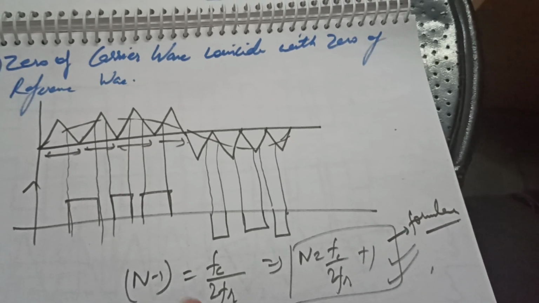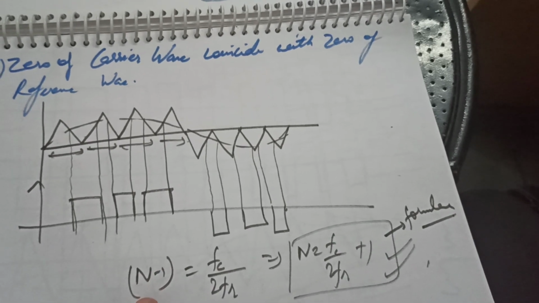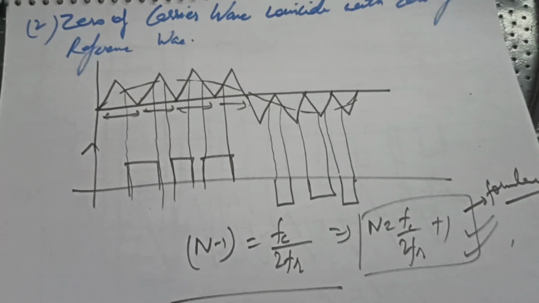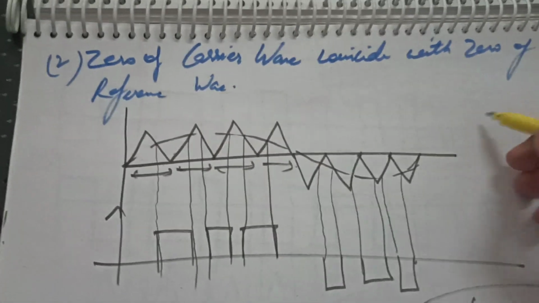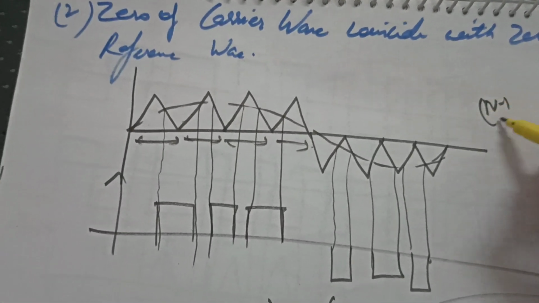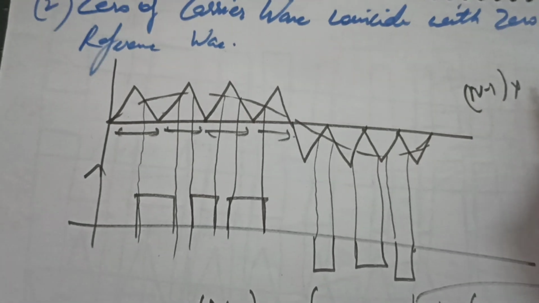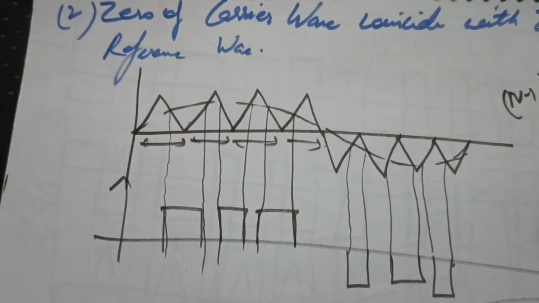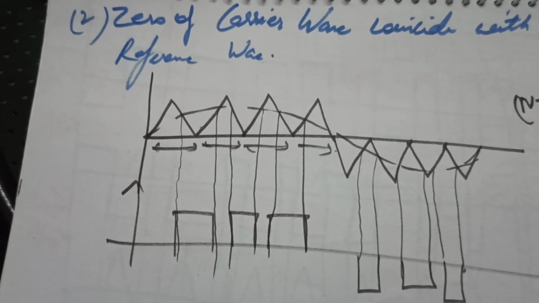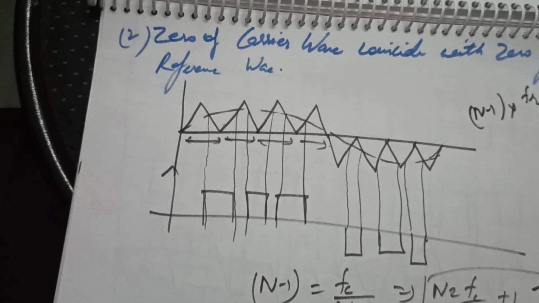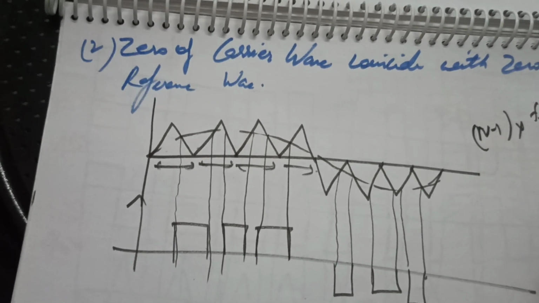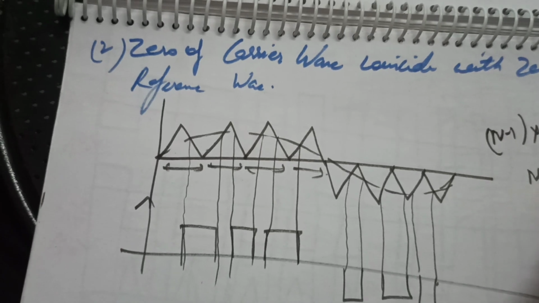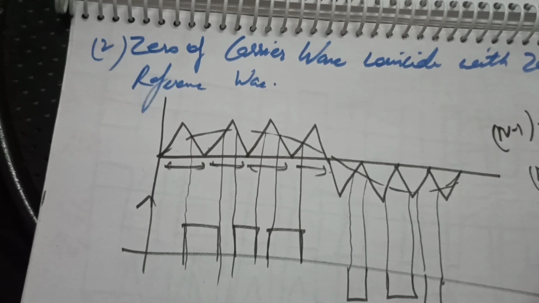I think it is quite clear, because n is the number of pulses. Just have a look at this. I would like to deduce this thing so that the explanation becomes clear. n minus 1 and 2, look at this. Fr equals Fc by 2. It's clear? So Tr by 2 equals n minus 1 Tc.